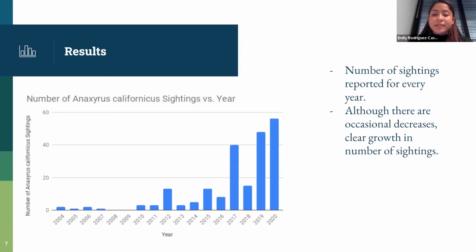12 to 13, 70% decrease in the amount of sightings. 2013 to 2014, there was once again an increase. This was a 70% increase, 67%, I'm sorry. From 2015 to 2016, there was a 160% increase in the amount of sightings.